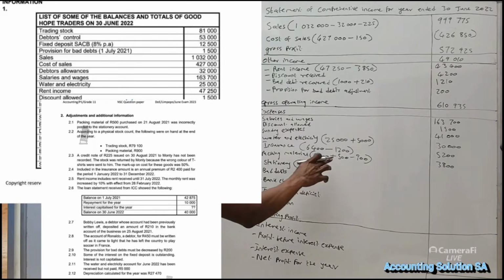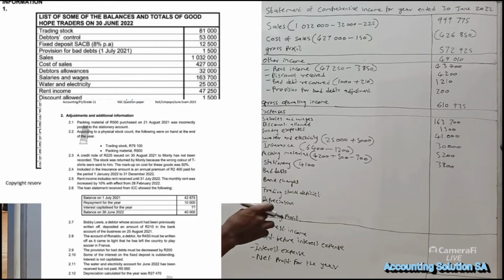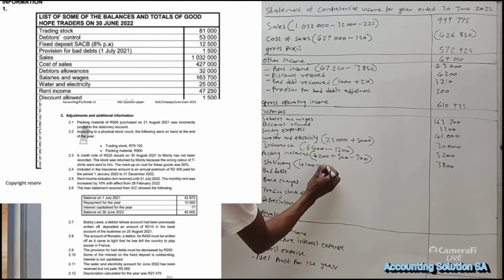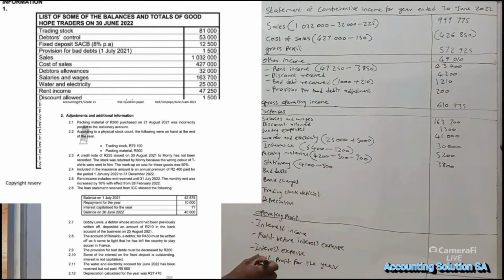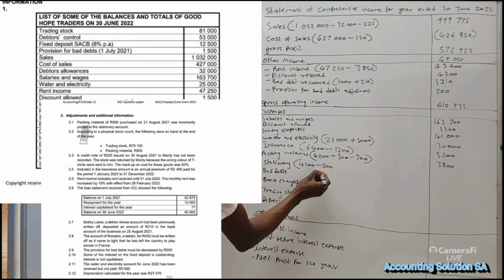So the amount that we record here is correct, 500, but it was mistakenly recorded on the stationery account. Which means that we have to go and subtract it on this account. We are going to say minus 500 because it was recorded on the incorrect account.